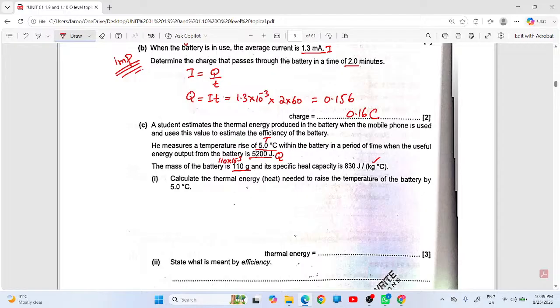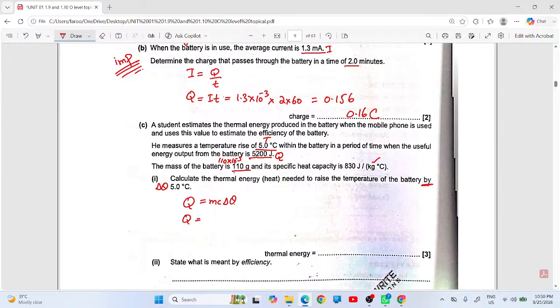Calculate the thermal energy needed to raise the temperature of the battery by 5 degree. So change in temperature is 5 degree. So this will be the delta theta. We know that Q equals mc delta theta or delta T. Q is the energy, m is the mass.